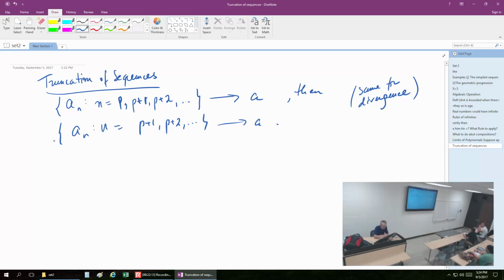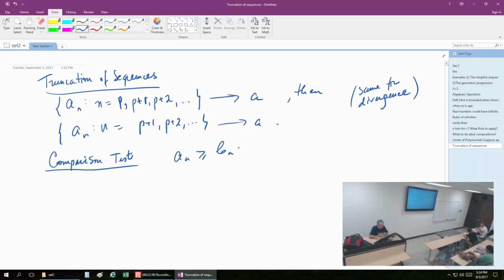Now here's another one. You can compare sequences as inequalities like this.